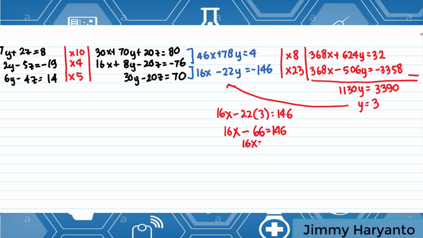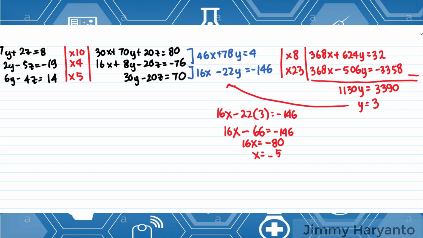Then 16x equals 212, x will be... this should be negative 146, and then negative 146, and then negative 80. So x is negative 5.